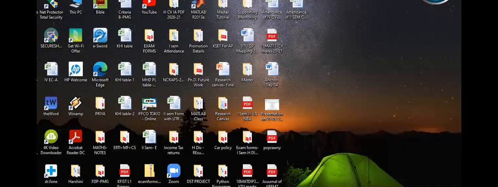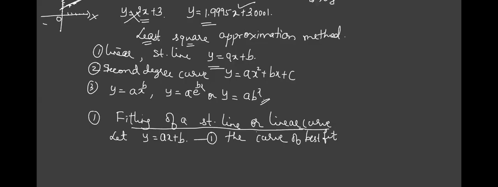Usually the question asked will give a set of values in the form of a table. x values will be given and y values also will be given. They'll ask you to fit a straight line for this.